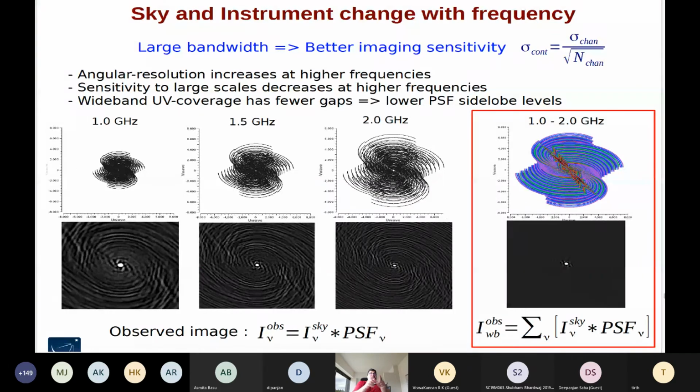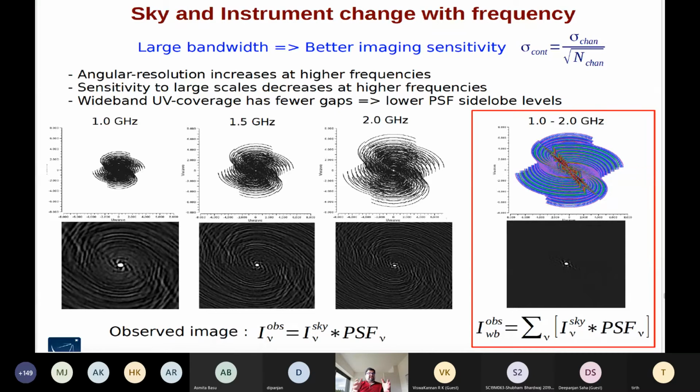Now, as I said, these are all done for some finite bandwidth and for some timestamps. If you make the bandwidth larger, you actually get much higher UV coverage in the UV space, and that produces a much better image because you are looking at much wider data. But that also puts certain constraints on how you process the data.